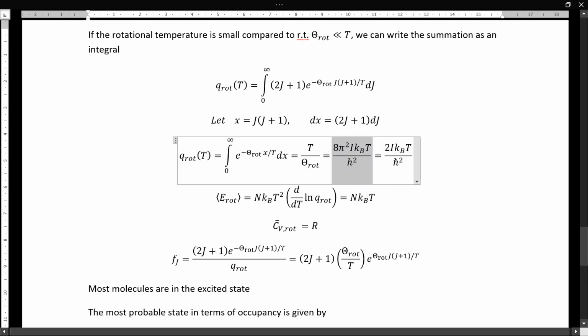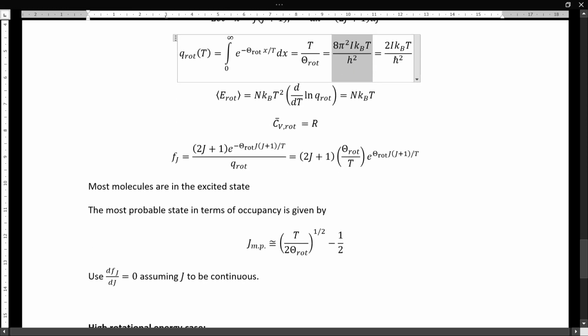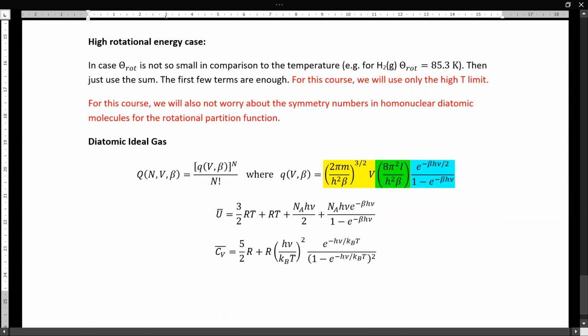So this is what we were looking for. And the blue part is the vibrational partition function. So this is what I had given you in the first lecture.